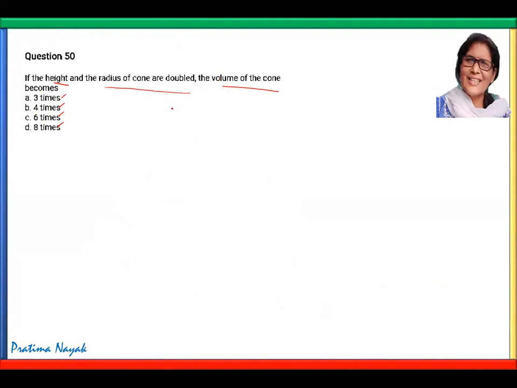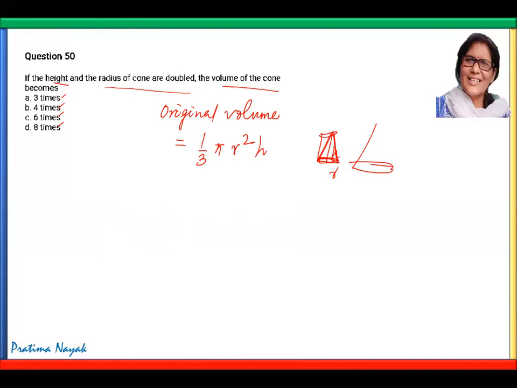So first, your original volume. Original volume is what? It will be 1 by 3 pi r square into h. Now, it is a cone. Previously it was your r and h. Now it has become 2r and 2h. So the new volume after increasing will be 1 by 3 pi 2r square into 2h.